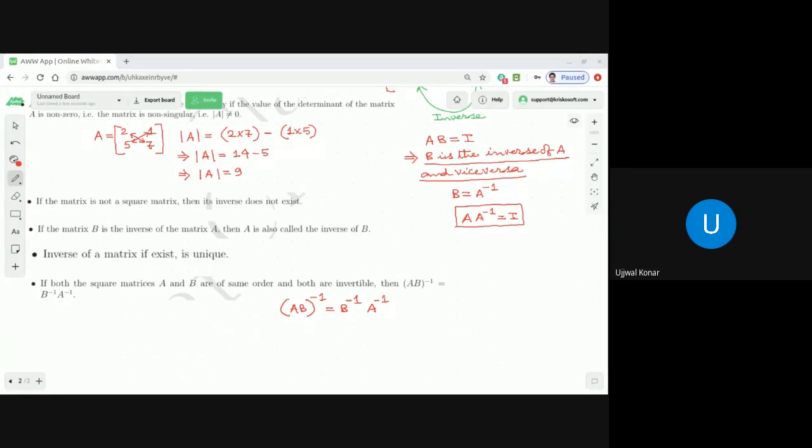Okay, dear students, I hope you got a fair amount of idea about invertible matrices, what is known as the inverse of a matrix, what conditions have to be satisfied, and the relevant points. Now let us find the core of our discussion, that is how we can find the inverse of a matrix using elementary operations. There are multiple ways to find the inverse of a matrix.